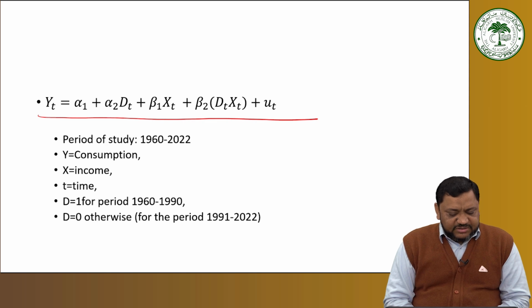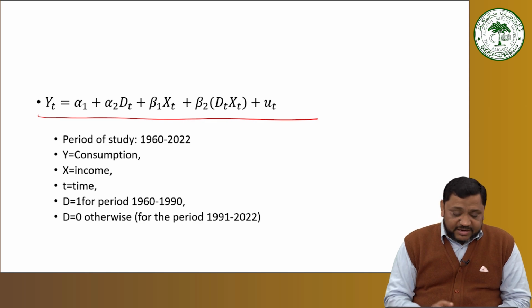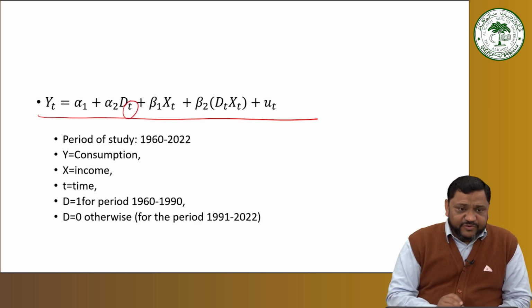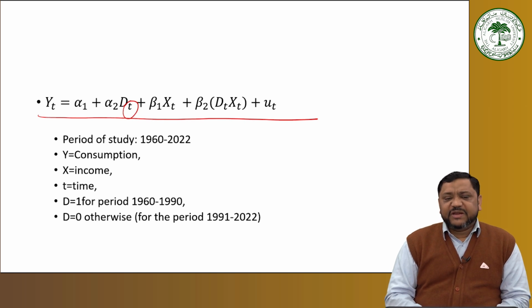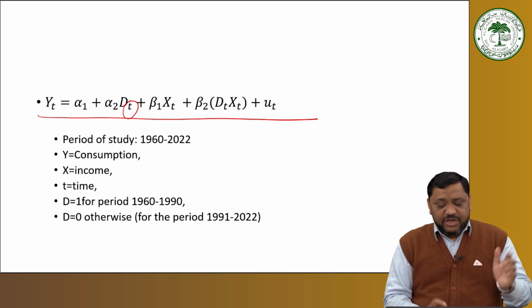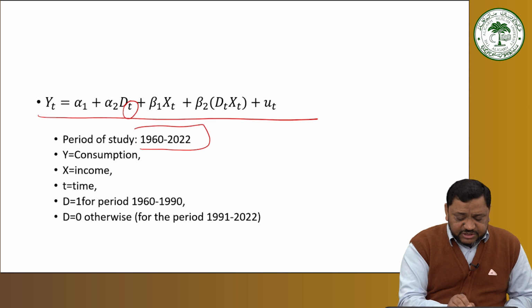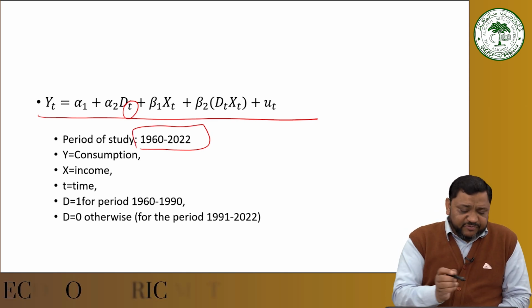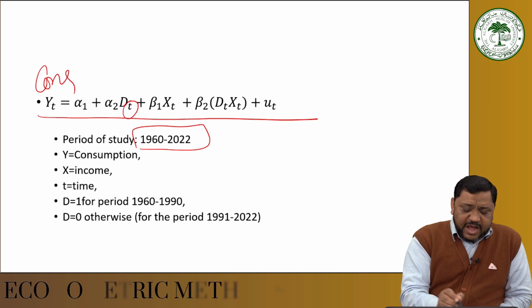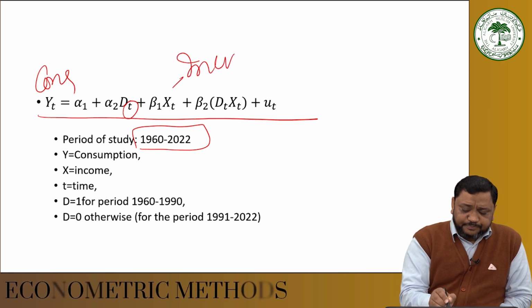It reads yt is equal to alpha 1 plus alpha 2 dt. Here dt is a dummy variable. We are doing a study from 1960 to 2022, studying the relationship between consumption and income.